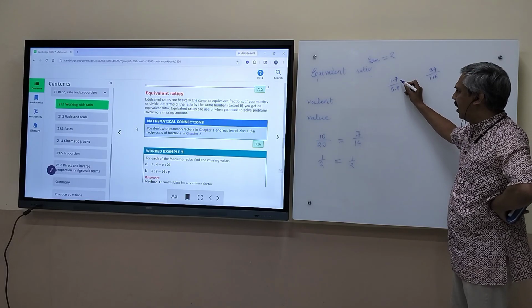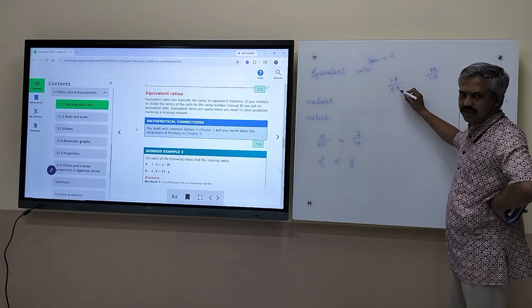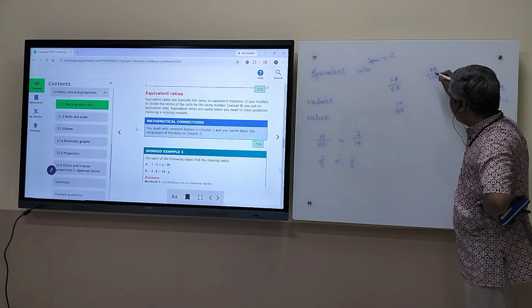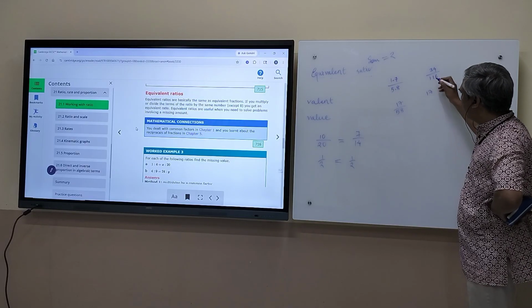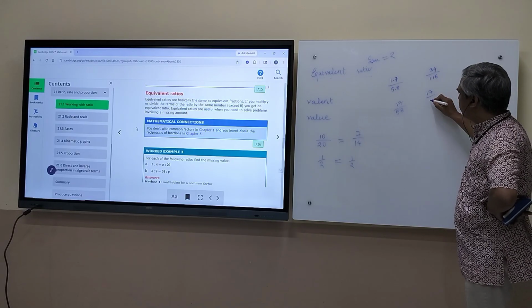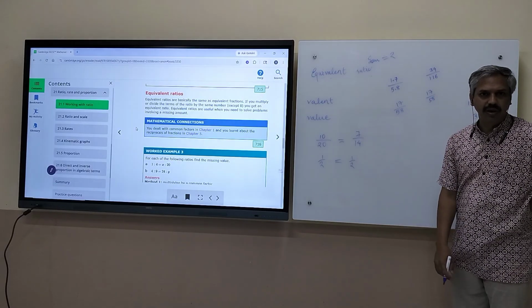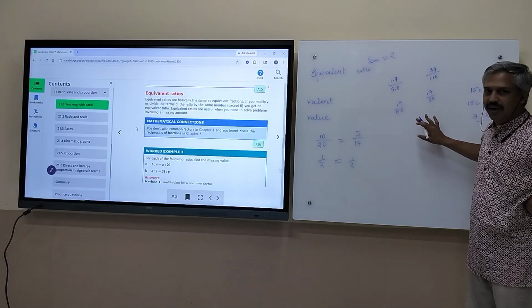But you can multiply by 10, so you get 70 upon 58. And here you can divide by 2, you get 34 upon 2 is 70, and this is divided by 2, you get 58. And these two values come out to be equal. So these two are equivalent ratios.